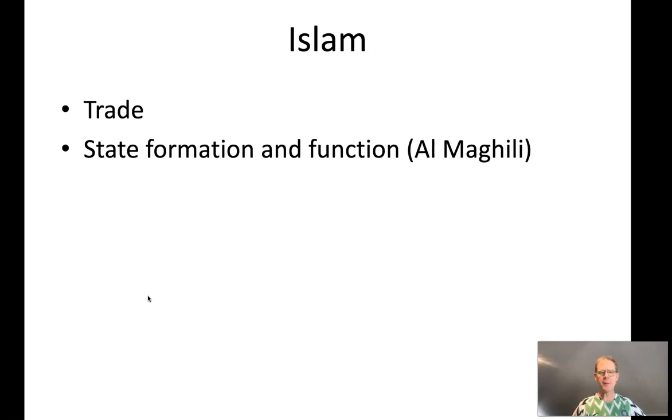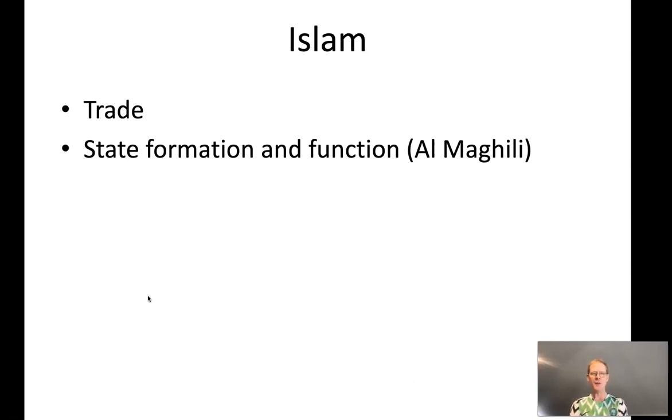But I want to talk about the last issue here, and that's about Islam. So Islam, as I mentioned already, is going to be a very important force in North and West African history. First, it's going to facilitate trade. Islam really was, and still is, a religion of trade.